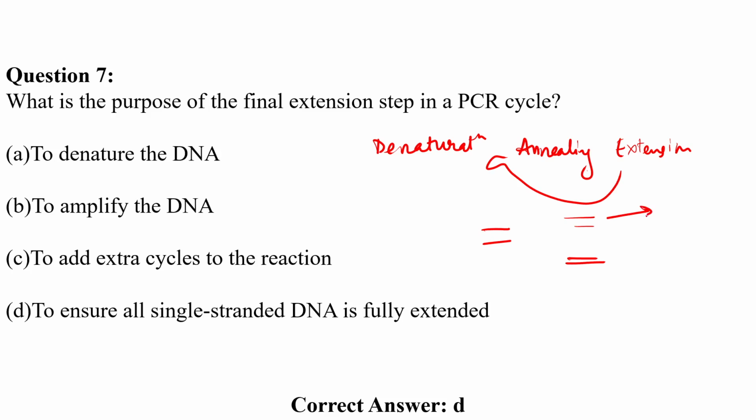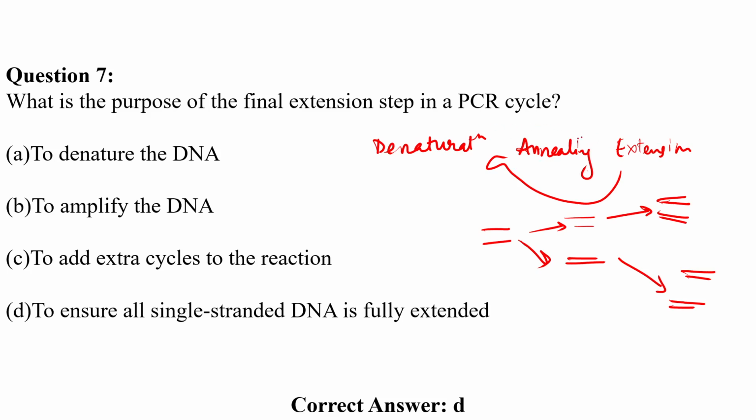Now these two will again separate, and then two new strands will form, and these two will again separate and two new strands will form, and that's how the cycle will continue. So extension, then again denaturation, annealing, extension, denaturation, annealing, extension.